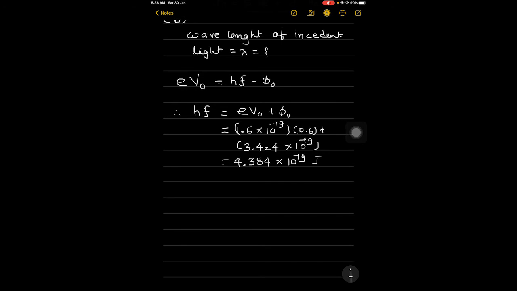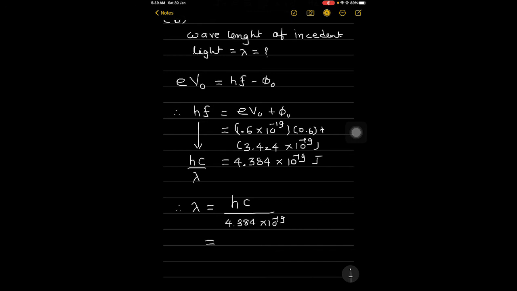Now we know that hf is equal to hc over lambda. Here we are asked to find lambda. Therefore lambda is equal to hc over 4.384 into 10 raised to minus 19.